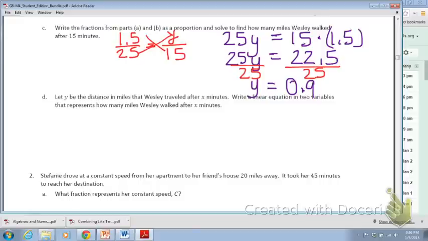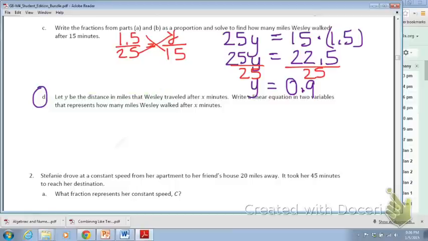Okay, so now here's the general case in D. We're going to let y, now notice they're defining the variable for us. Let y be the distance in miles that Wesley traveled after X minutes. So we're letting y be the distance, and we're letting X be the time that it took.